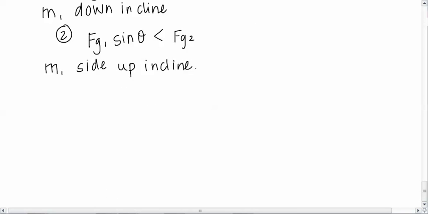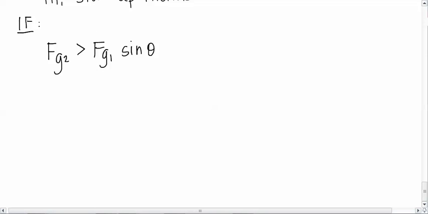Let's say, for the sake of this problem, that the object on the inclined plane moves up the inclined plane. So that means that Fg2 is greater than Fg1 sine theta. So this is our if statement. That's just what we're making up for today.